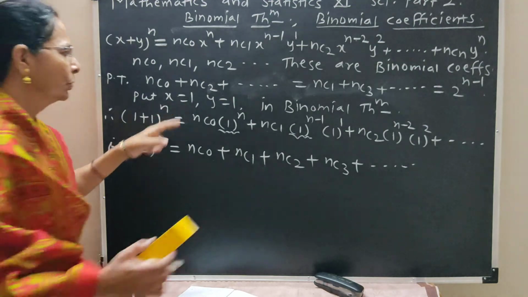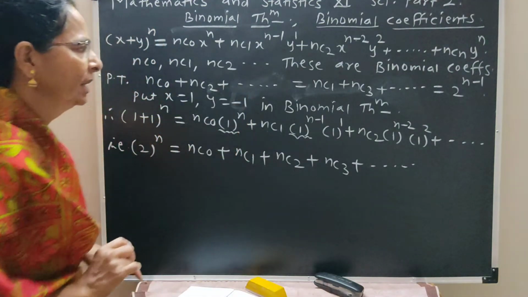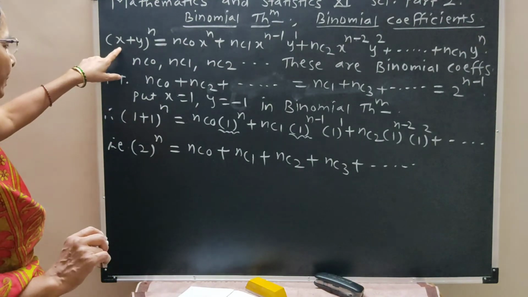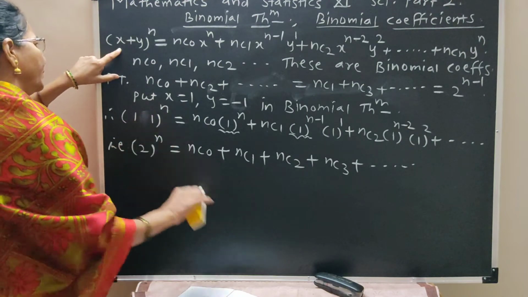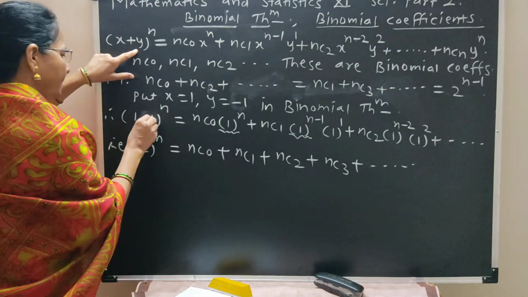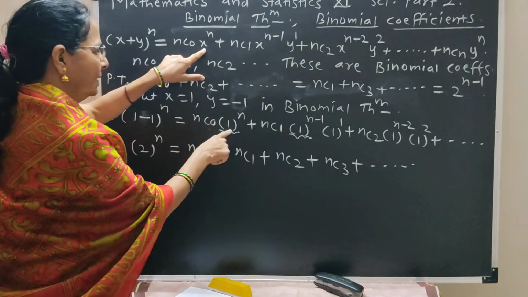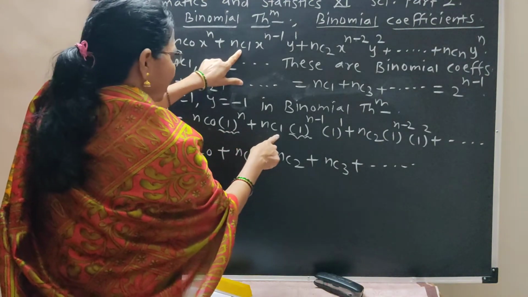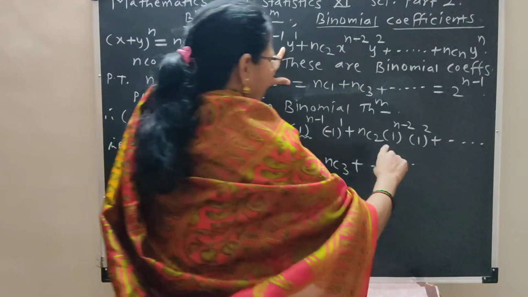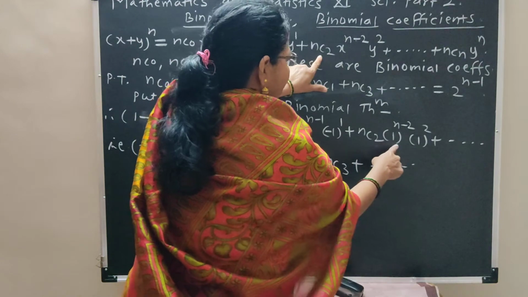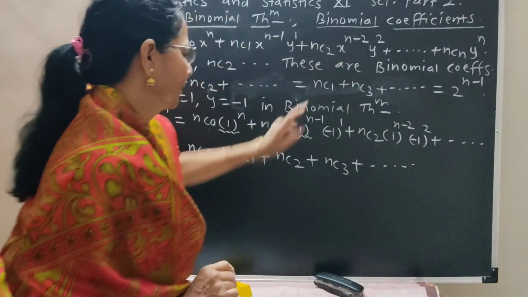Put x equal to 1, y equal to minus 1 in the binomial theorem. Start putting the values: x is 1, y is minus 1. nC0 with x is 1, plus nC1 with x is 1, y is minus 1, plus nC2 with x is 1, y is minus 1, in this way.